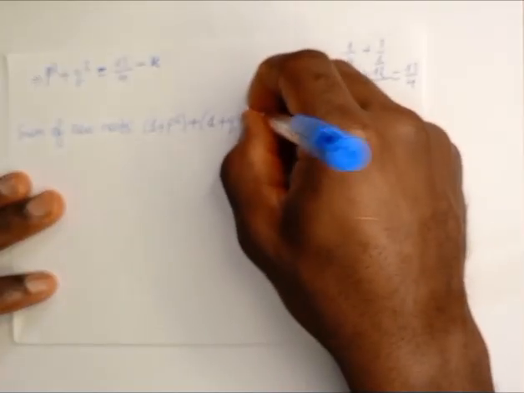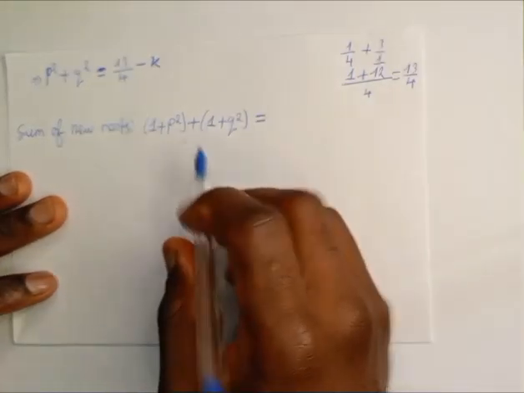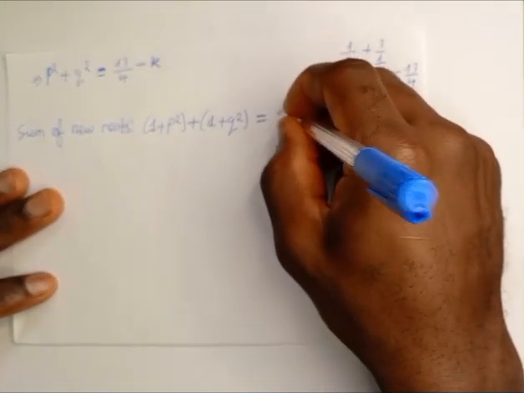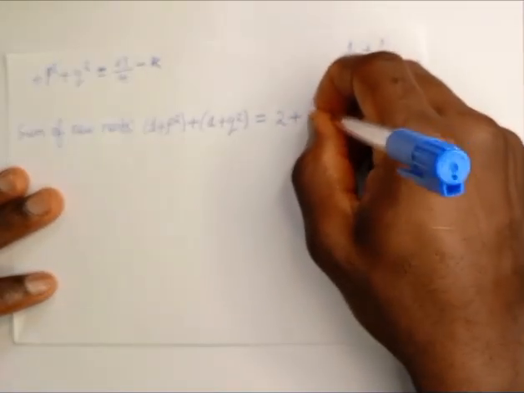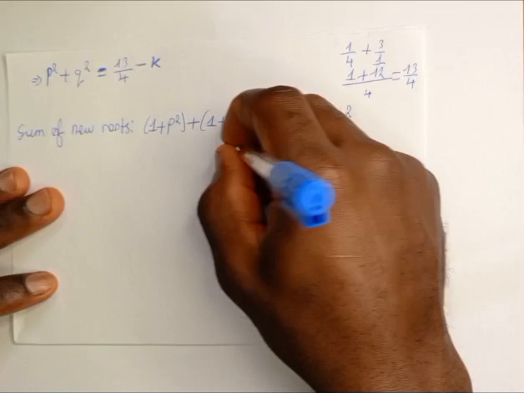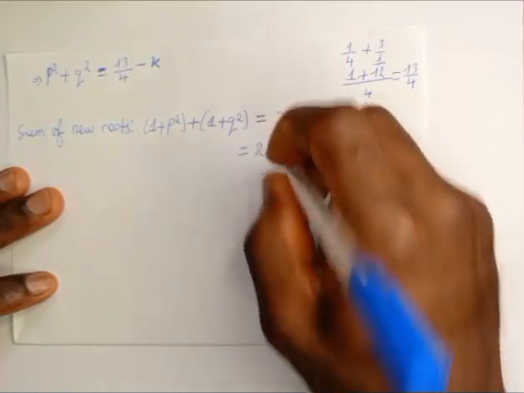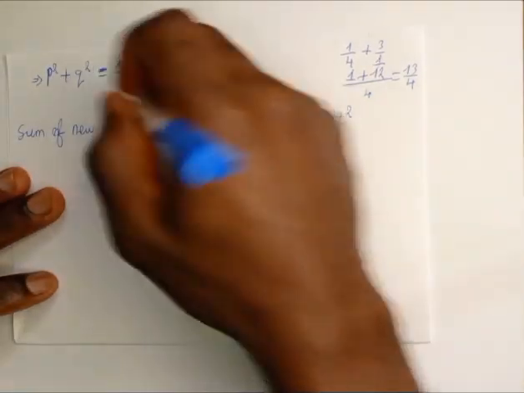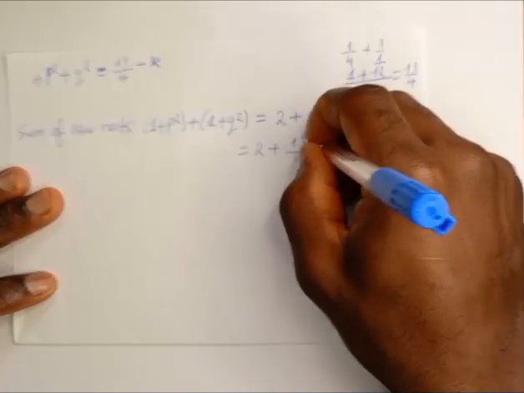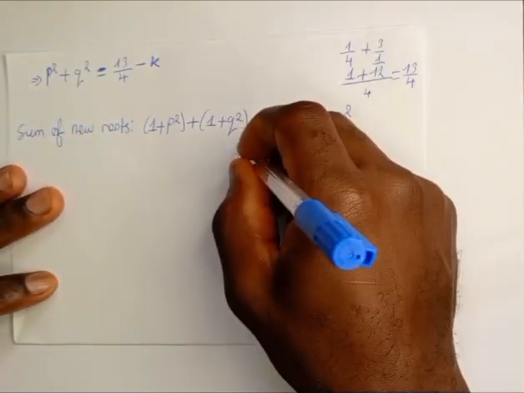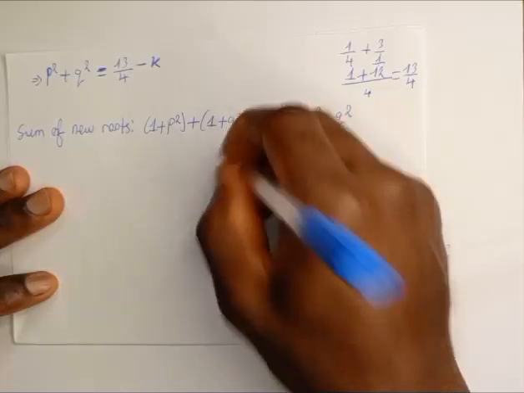And this will simply be equal to 1 plus 1 gives us 2 plus p squared plus q squared. And this will simply be equal to 2 plus p squared plus q squared gives us 13 on 4 minus k. 2 here can be written as 2 over 1.